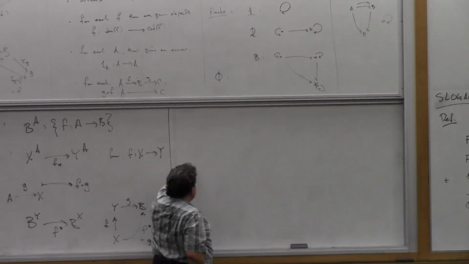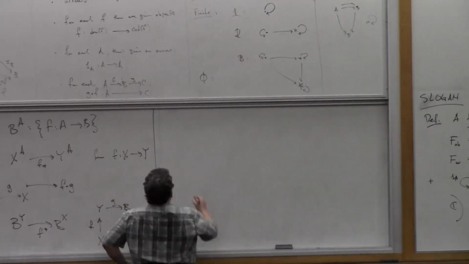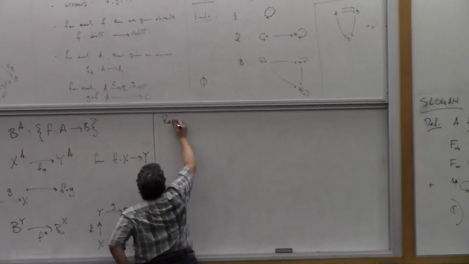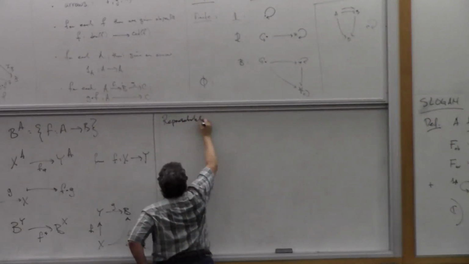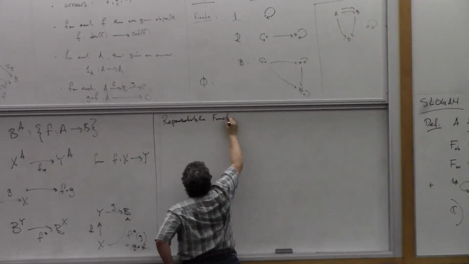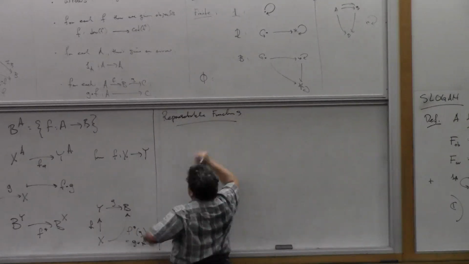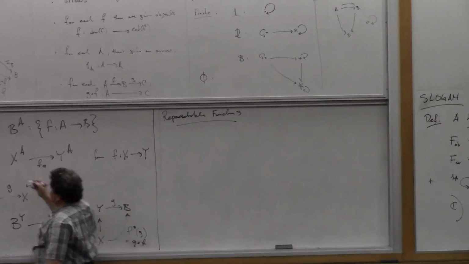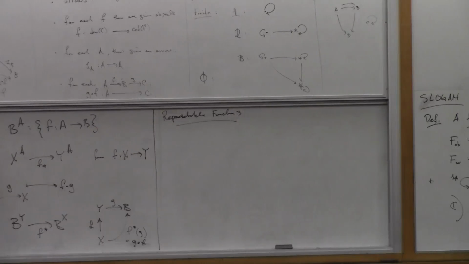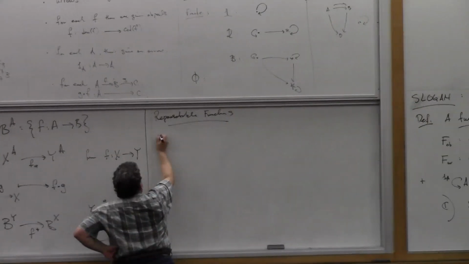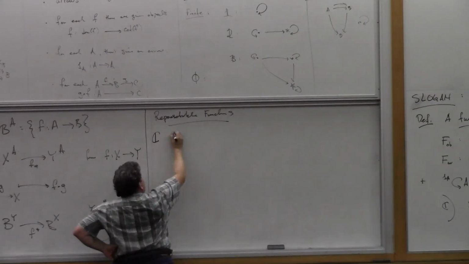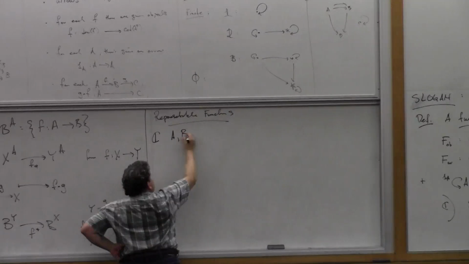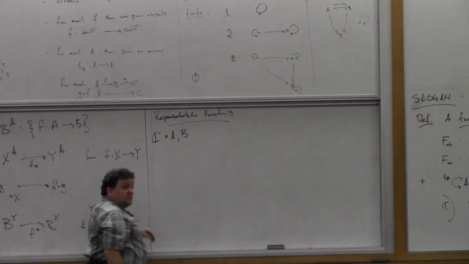Okay. Representable functors. This was a construction in sets, right? I take some sets, I take A and B, and I return this set. So this is a special case. A more general case is I take some category C, and I take some objects A and B in C. Okay?